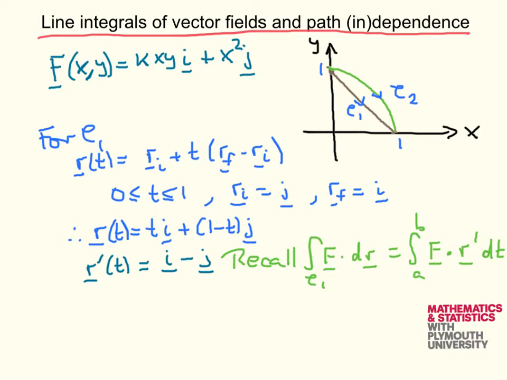So now we are ready to calculate this line integral over C1, because we know what this is, and we can recast f, which is given here, in terms of the parameter t.